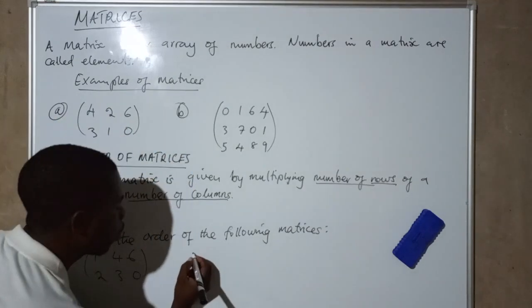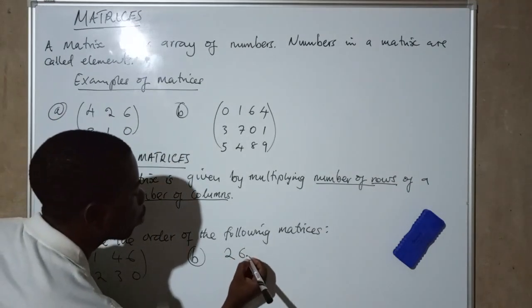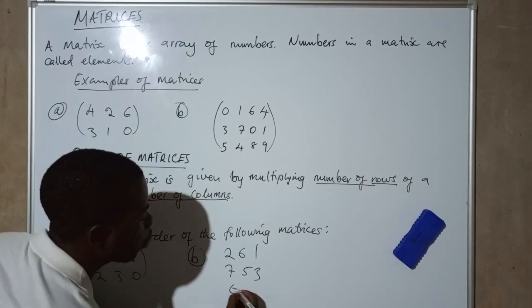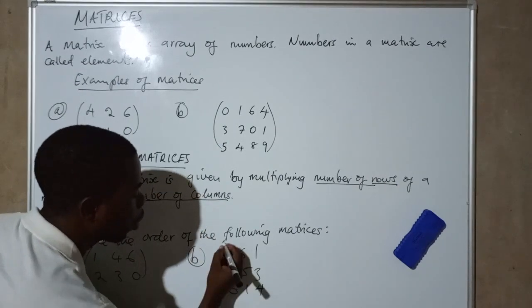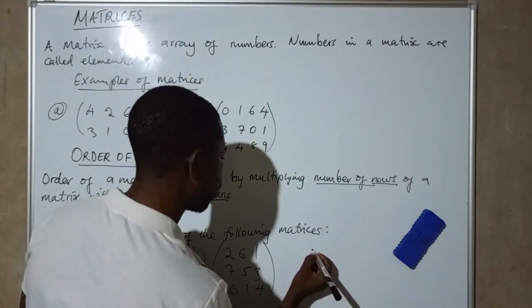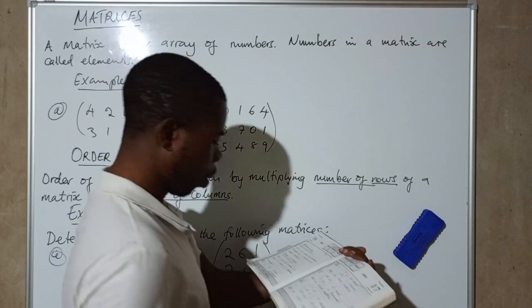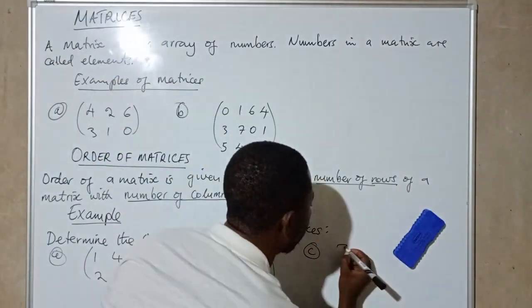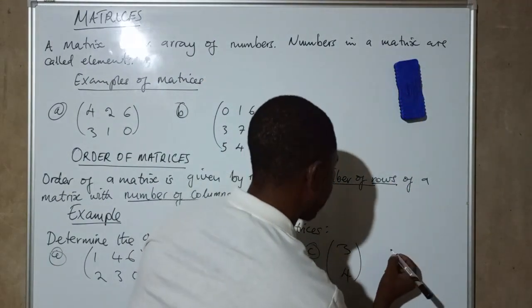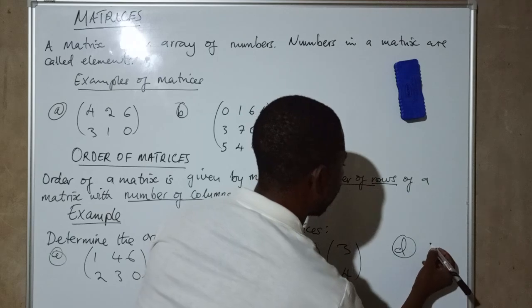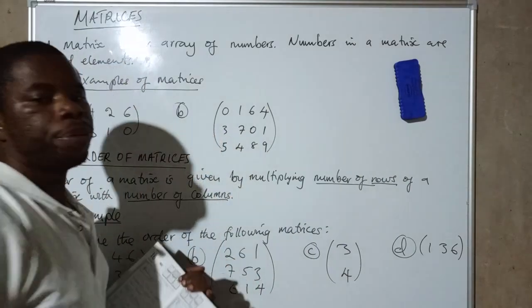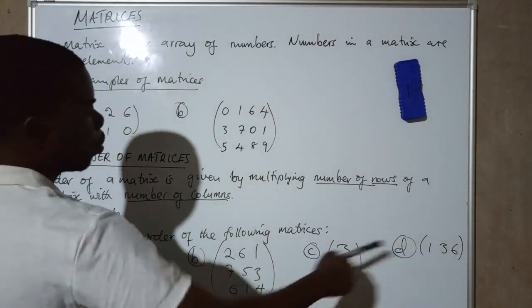Then B, I have 2, 6, 1, then 7, 5, 3, then 6, 1, 4. Then I have another one, C, which is 3, 4. Then the last one, D, I have 1, 3, 6, like this.